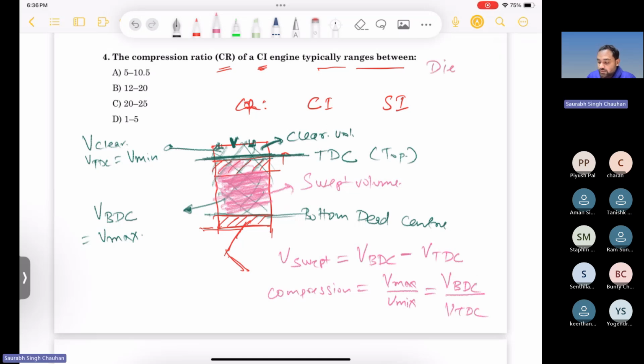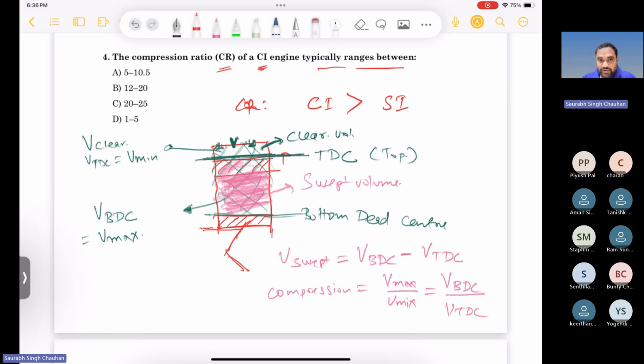In diesel engines you require more compression ratio. Okay, why? Because you need sufficient temperature which can auto ignite the diesel fuel. If you are using less compression ratio, then temperature may not reach up to that level which can auto ignite the diesel fuel. Okay, and one more thing, efficiency is also dependent on compression ratio.